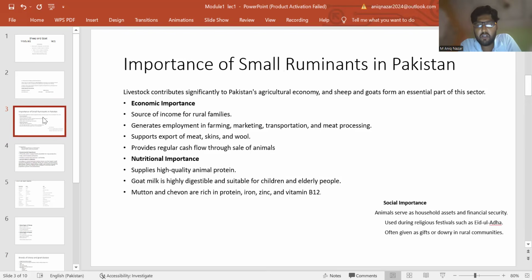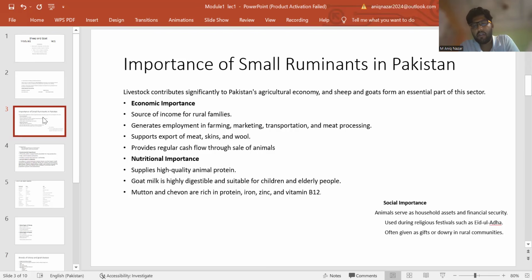Let's discuss the economy first. It is a main source of income for rural families. Mostly all rural areas have sheep and goats in their homes, and they get milk and meat from them. It is also a source of employment for people who have no other source of livelihood.